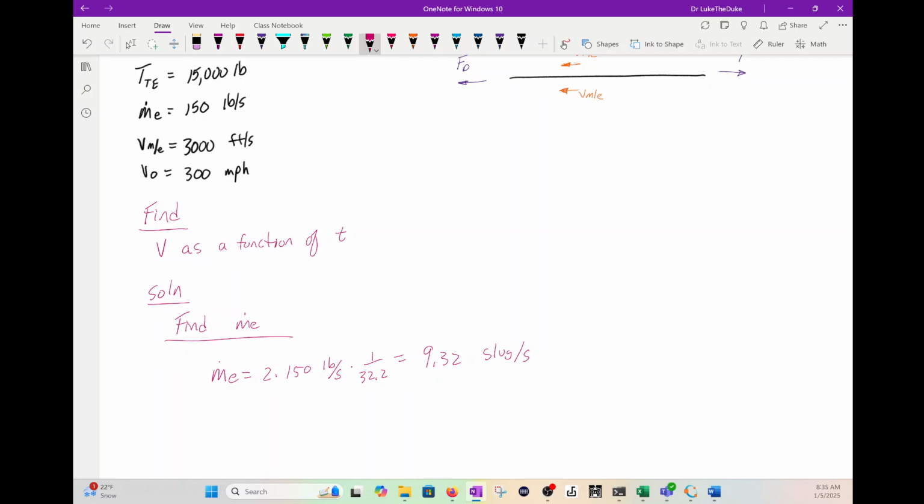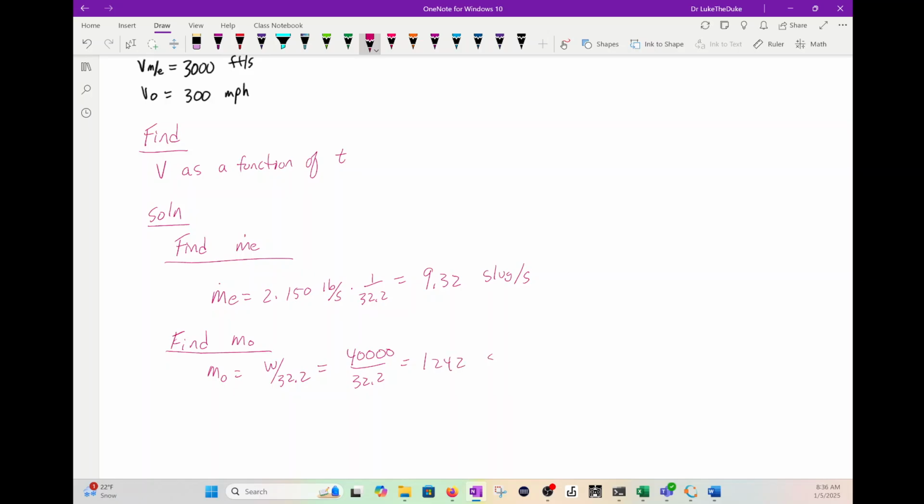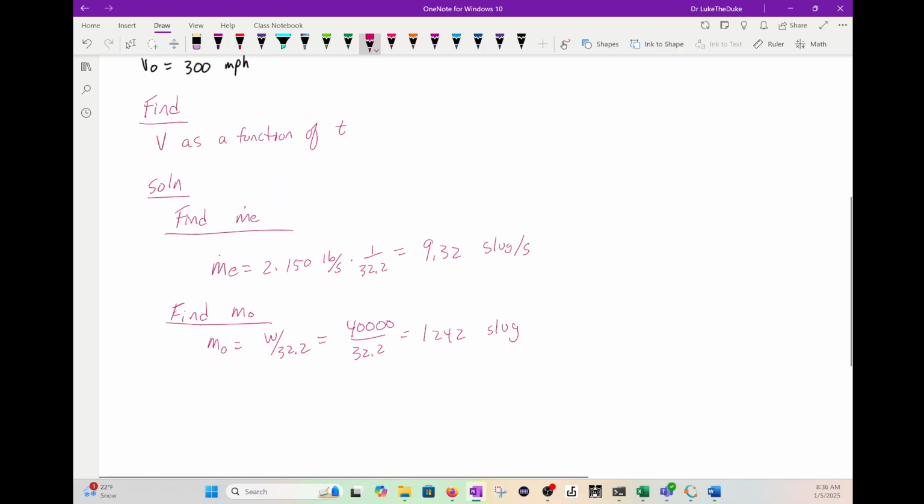That's your English unit for flow rate. We need to find the initial mass, and we're going to use W over 32.2 again to get this into the correct units. This is 1242 slugs.